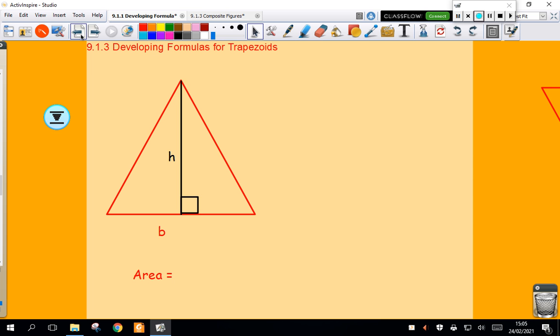The area of a rectangle was base times height, and from that we were able to derive the formula for the area of a parallelogram, which was also base times height. And then from that we were able to establish the area of a triangle, because a triangle is half of a parallelogram, and the area of every triangle can be written as a half times its base times its height. That's how we find the area of a triangle.